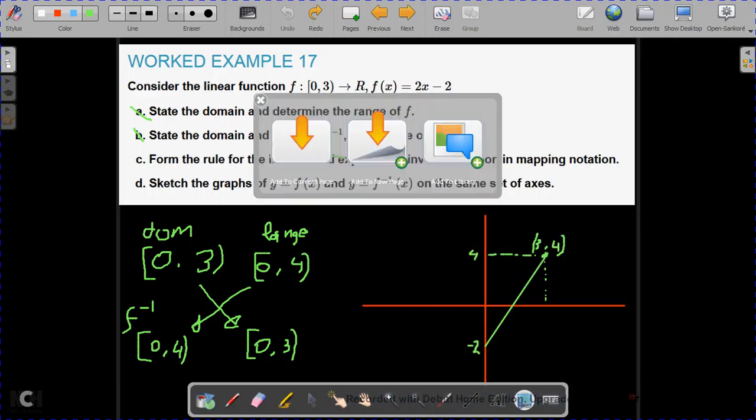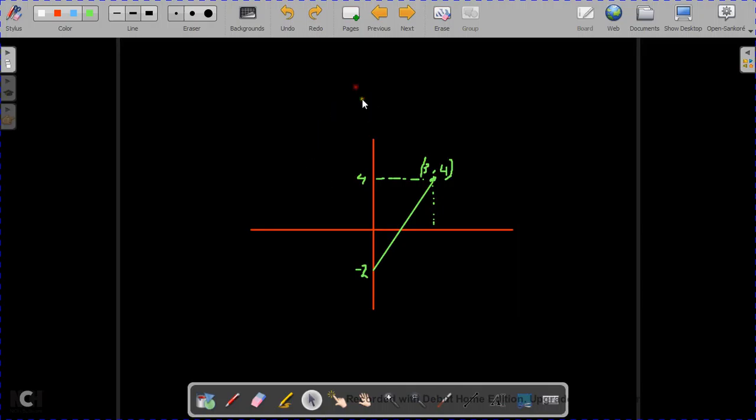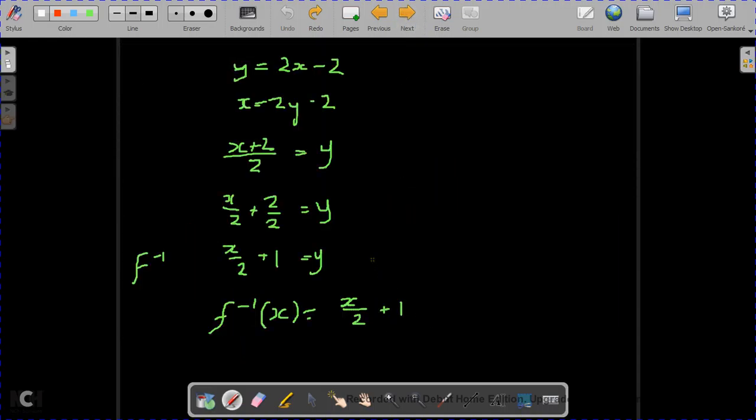So I'm just going to copy this. And we said the inverse is x on 2 plus 1.